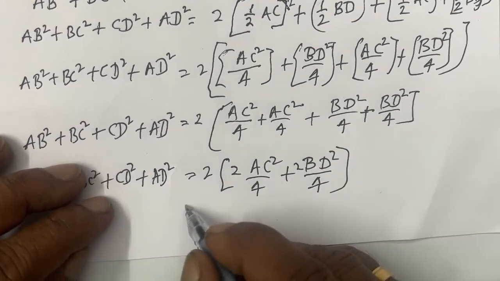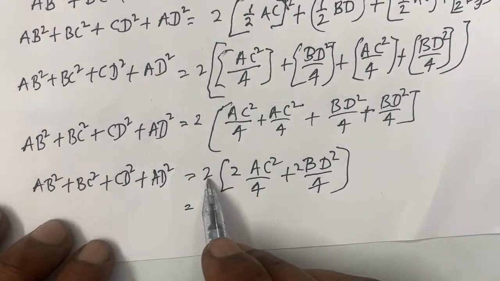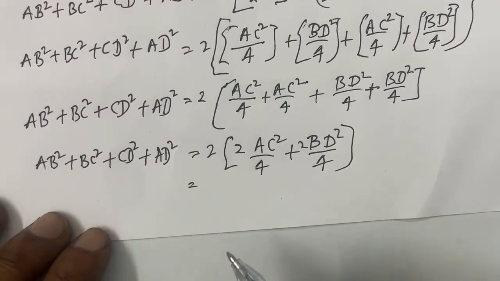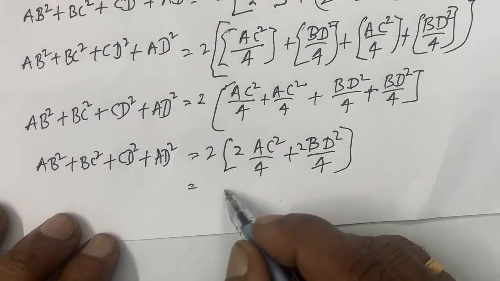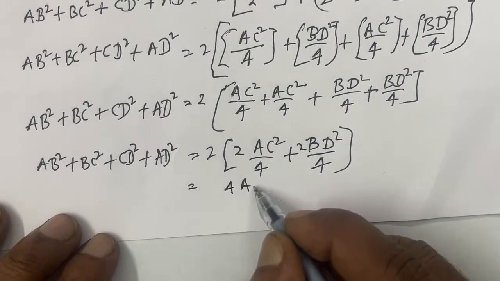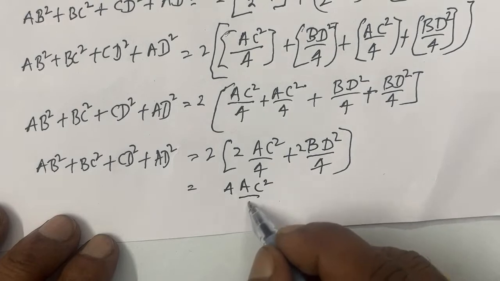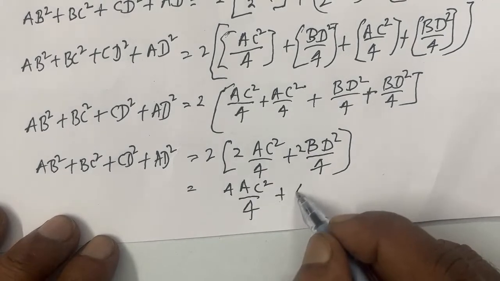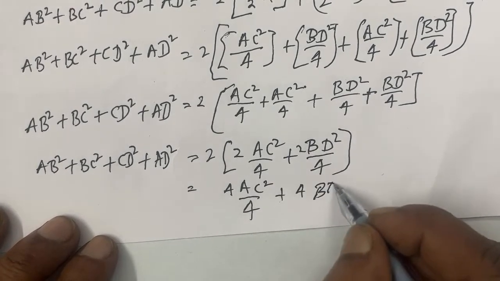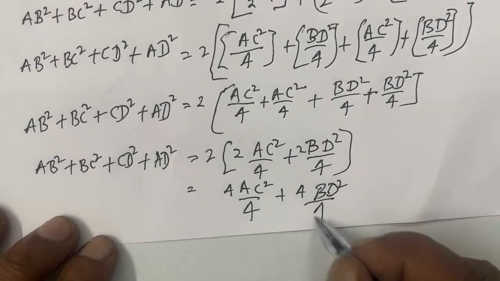So now what is going to happen? If I am multiplying with these two, what will happen here? 4 AC square by 4 plus 4 BD square by 4.